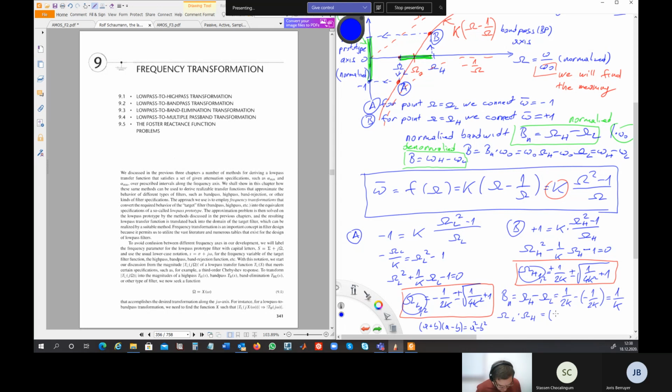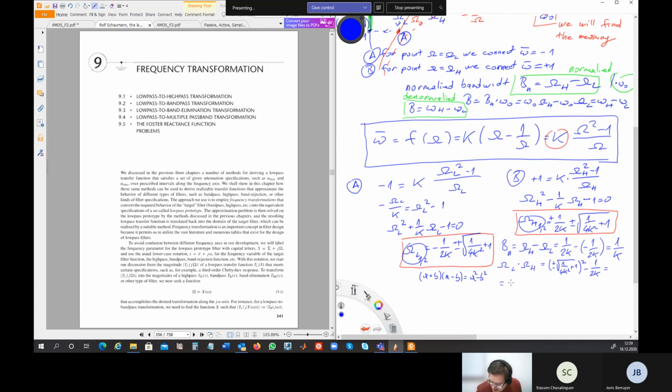You will have plus minus square root 1 over 4k square minus plus 1 square minus 1 over 2k, and this is equal to 1 over 4k square plus 1 minus 1 over 2k square. This is reduced. This is equal to 1.